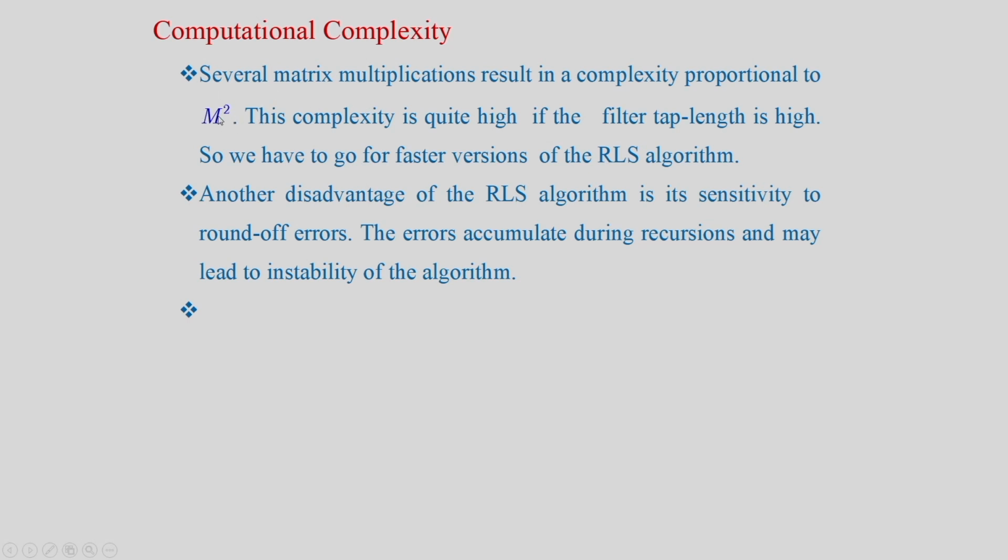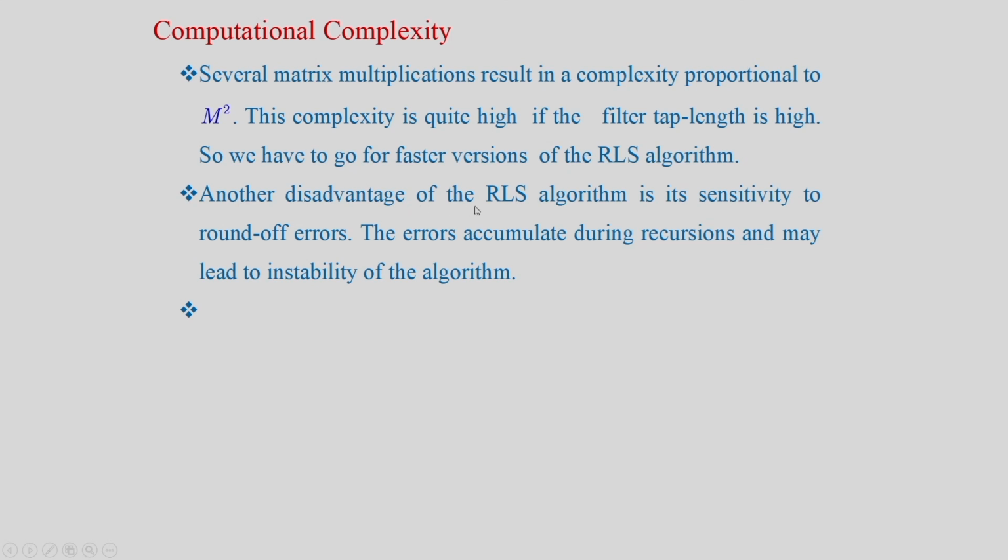This complexity is quite high if the filter tap length is high, so we have to go for faster versions of RLS algorithms. There are several faster RLS algorithms, like the lattice RLS adaptive filter.